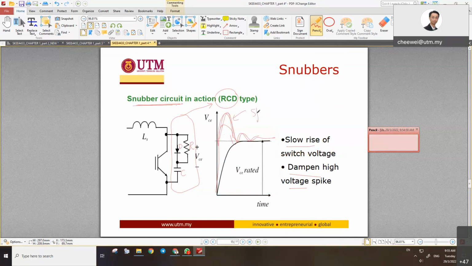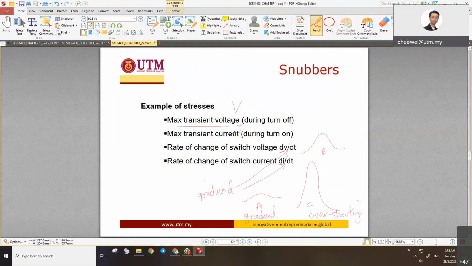It may damage the switch or the surrounding circuit, because the voltage is too high. We don't want that to happen, so you need a snubber circuit to reduce the voltage stress.